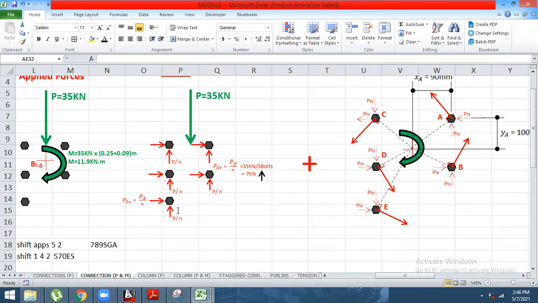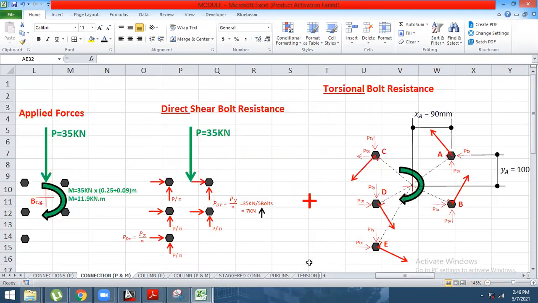Say there is an upward and a rightward resistance for the direct.